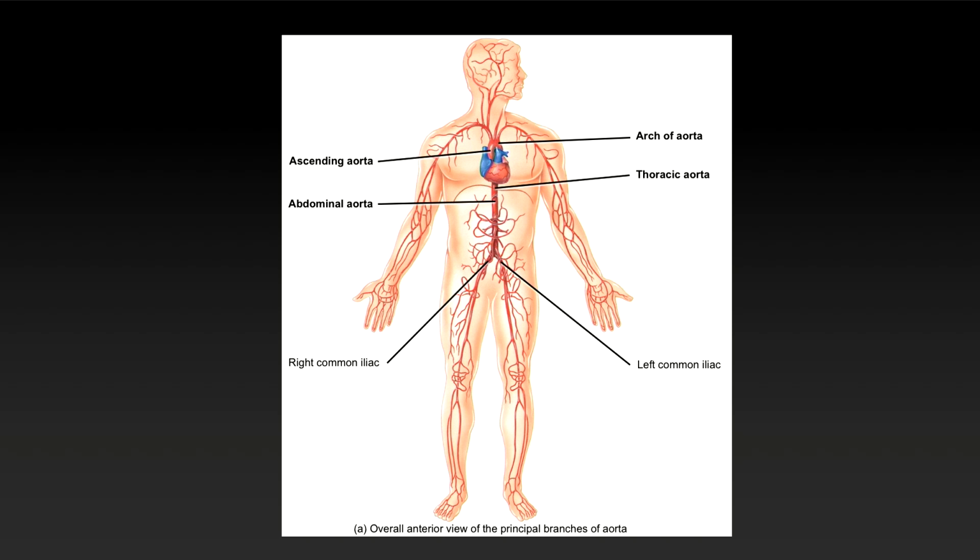I just wanted to point out to you where the aorta ends for now. First stop for blood leaving the heart is the aorta. Okay, the aorta, major conduit with many branches.